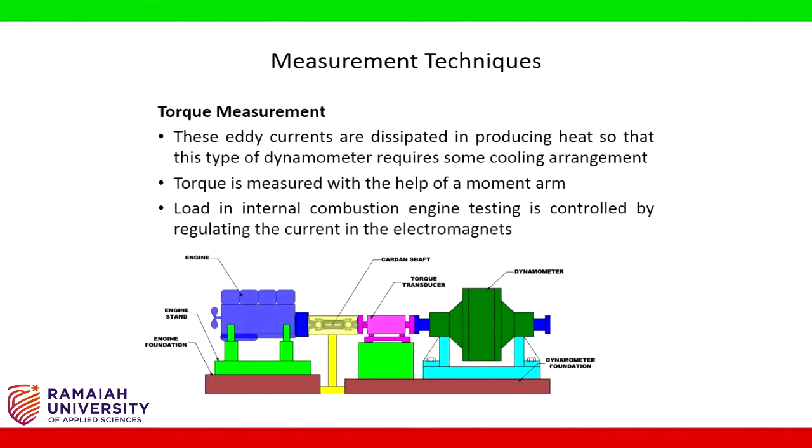These eddy currents are dissipated in producing heat, so that this type of dynamometer requires some cooling arrangement. Torque is measured with the help of a moment arm. Load in internal combustion engine testing is controlled by regulating the current in the electromagnets. With this brief introduction on heat balance test on IC engine, we will start the experiment.